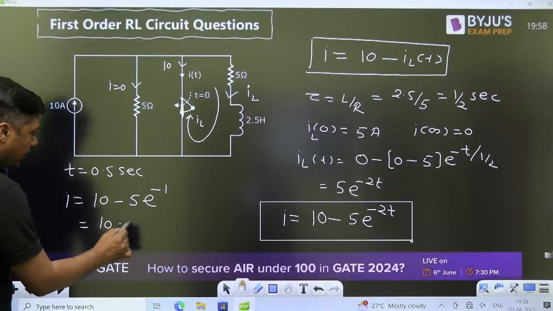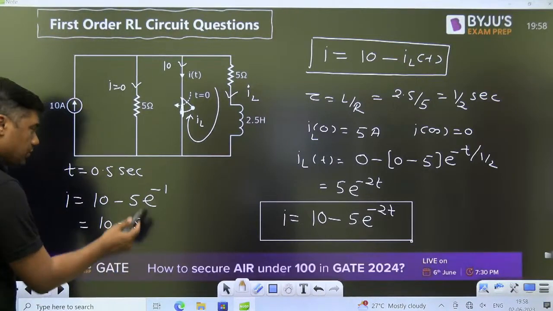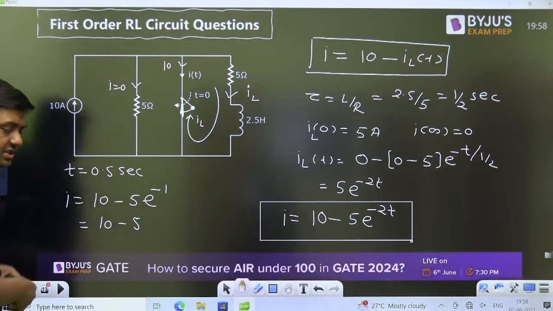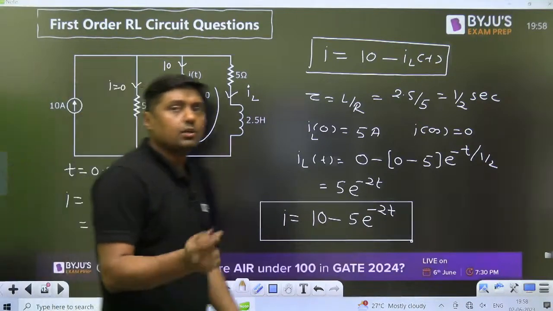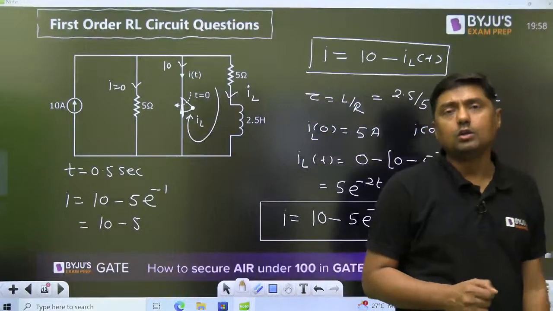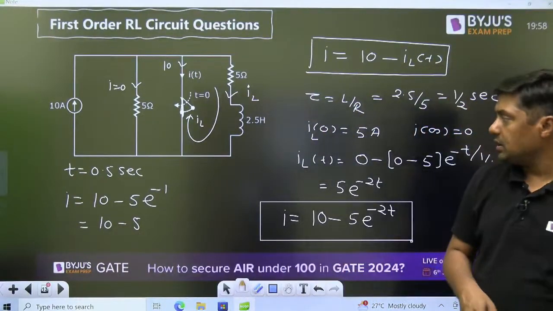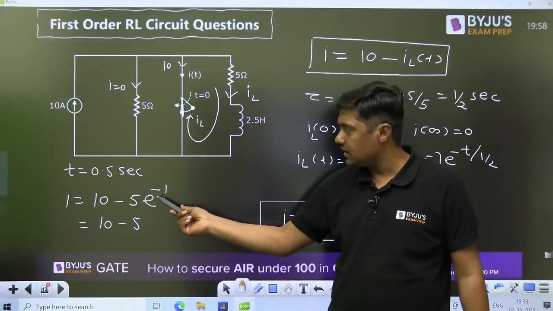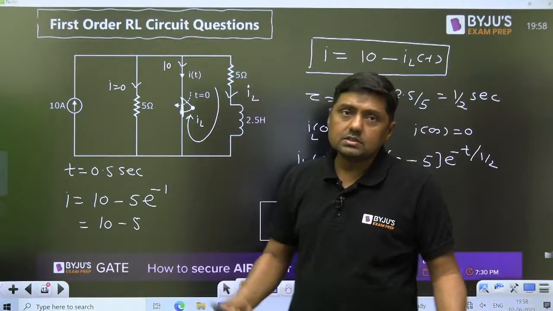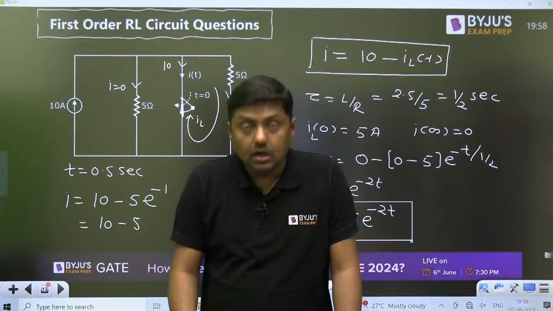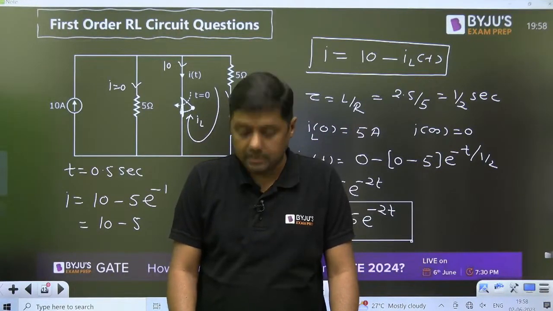That is 10 minus 5 by e, and what is e raised to power minus 1? 0.368. Use your calculator and then you can find the exact value of I at t equal to 0.5 second. So that is the answer, and this is how to solve the questions on inductor, guys.